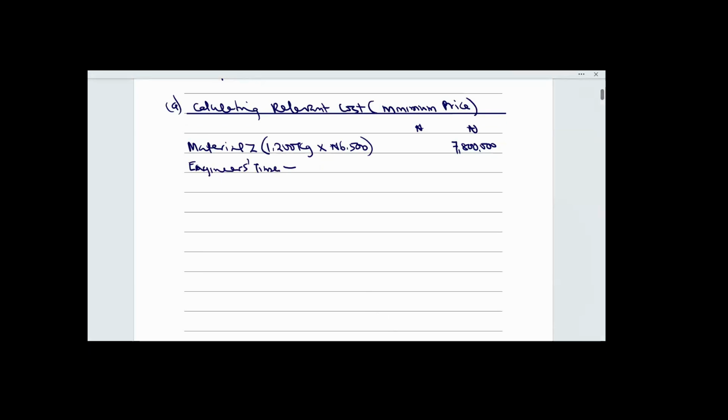Engineer's time. Because there are two options. In the engineer's time, the first option is to pay the engineers overtime.